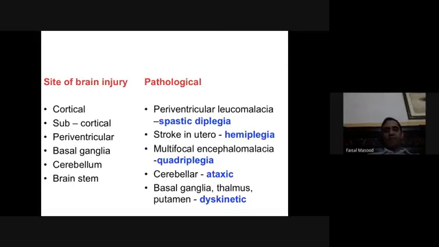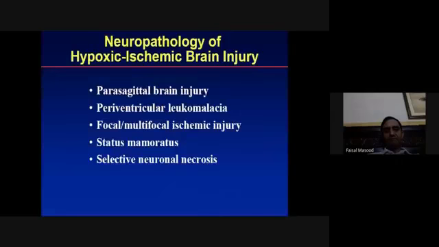If the cerebellum is involved, this leads to cerebellar ataxia. If the basal ganglia or brainstem are involved, this leads to the dyskinetic type. These are the neuropathologies: hypoxic ischemic brain injury, parasagittal brain injury, periventricular leukomalacia, focal multifocal ischemic injury, status marmoratus, and selective neuronal necrosis.